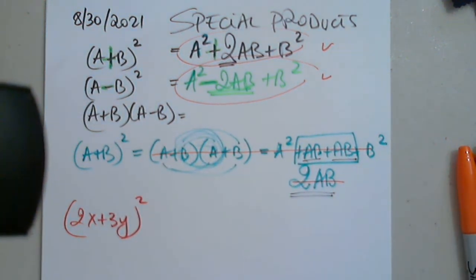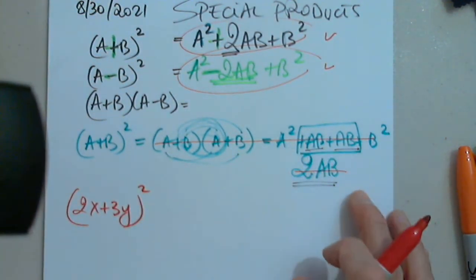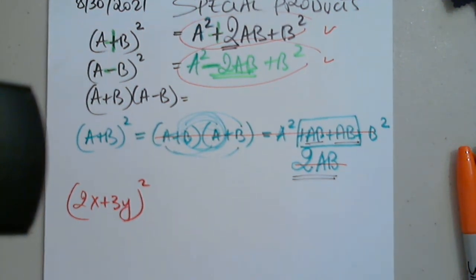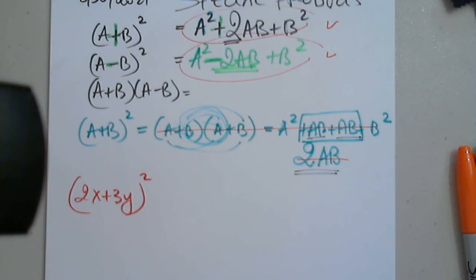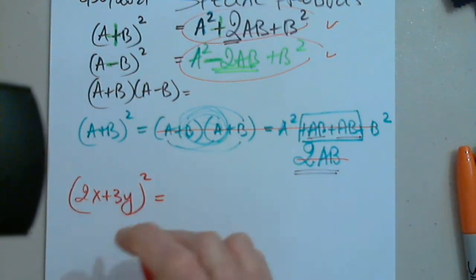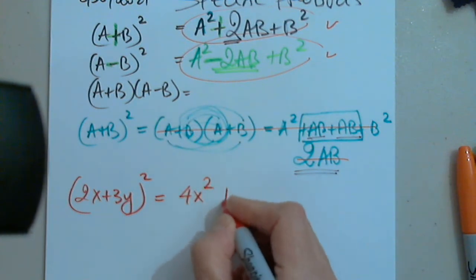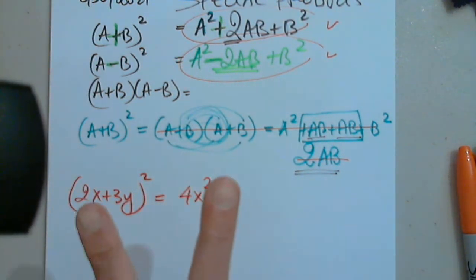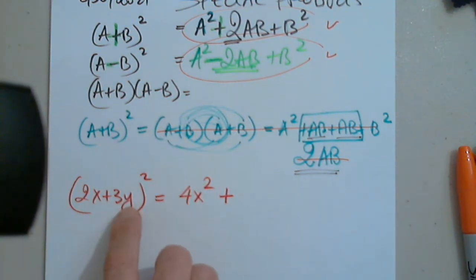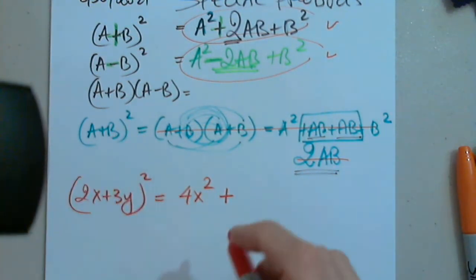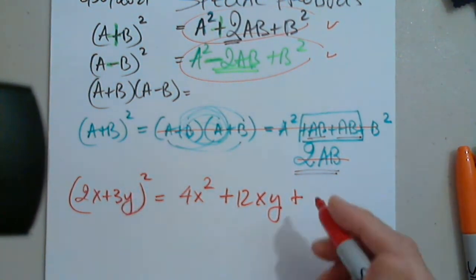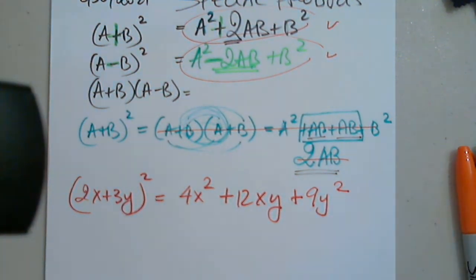If we still have to do this, then calculus becomes difficult. Okay, so I already know that this has to be the first term squared. So this is 4x squared plus. I already know I have to multiply these two terms and then by 2. 2x times 3y is 6xy times 2 is 12xy. And then plus the second term squared, which is 9y squared.